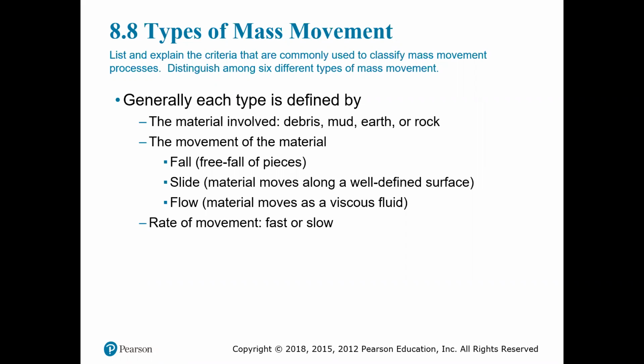But when a mass of bedrock breaks loose, we tend to call that a rock slide or a rock fall. When the mass movement involves the free falling of detached materials, we call that a fall. This typically occurs on slopes that are too steep for the loose material to remain on the surface.